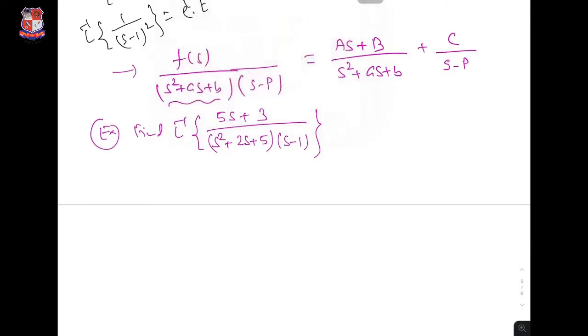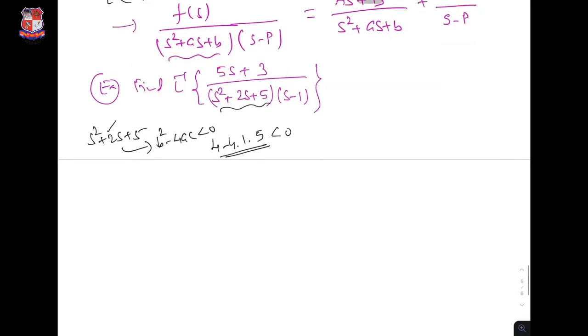Now we can easily know this s square plus 2s plus 5 is not further reducible to linear factors because b square minus 4ac is less than 0. b square is 4, minus 4, a is 1 and c is 5. So now you cannot have further linear factors of this one.